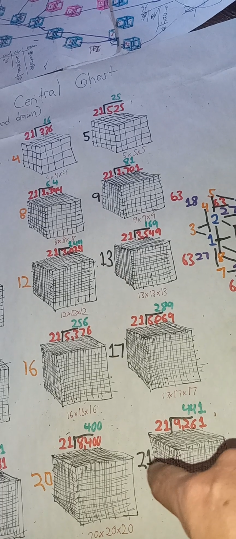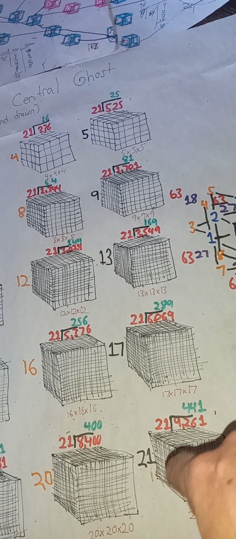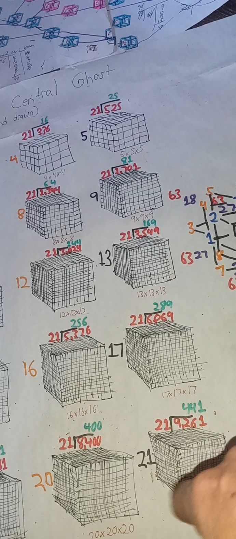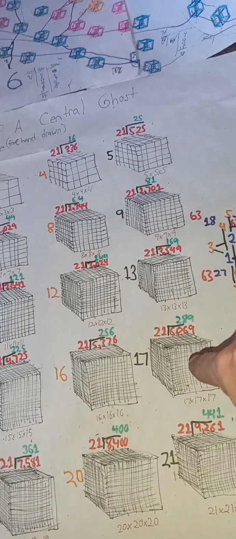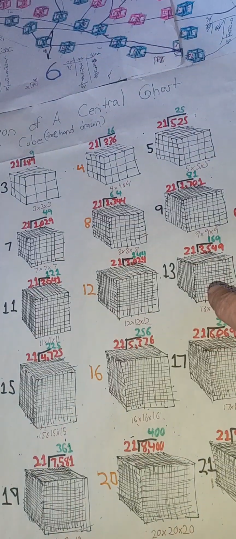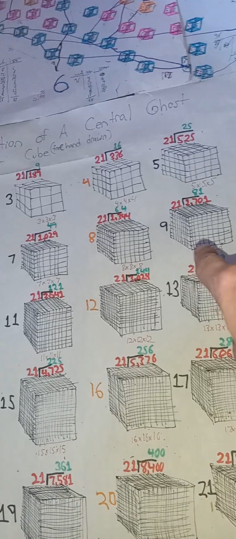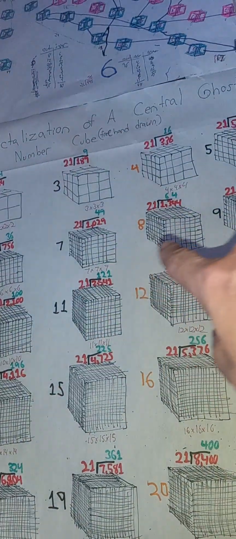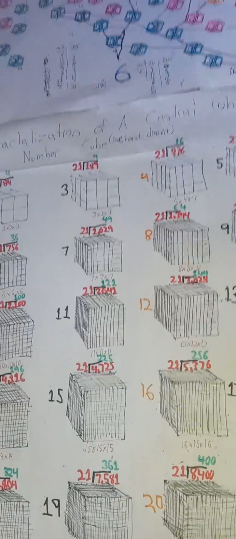The only cubes that can be nested in this odd number are other odd numbers. Like within this odd cube 21, you could have 19 nested in it. You could have 17 nested in 19, 15 nested in 17, 13 nested in 15, 11 nested in 13, 9 nested in 11, 7 nested in 9, 5 nested in 7, and 3 nested in 5.